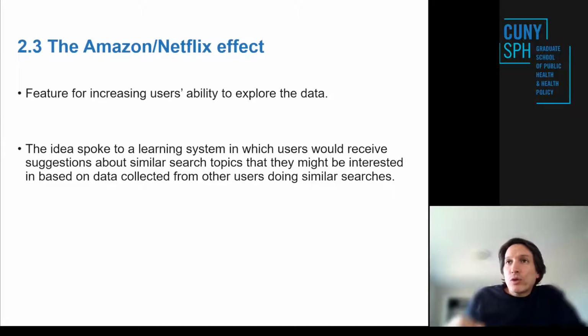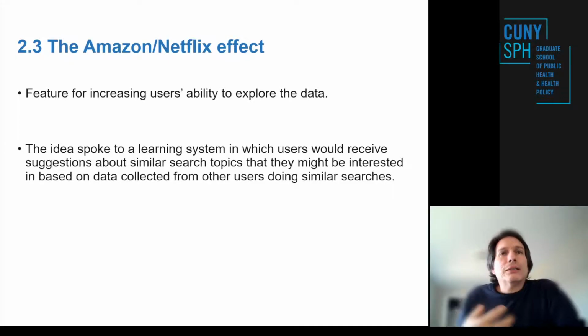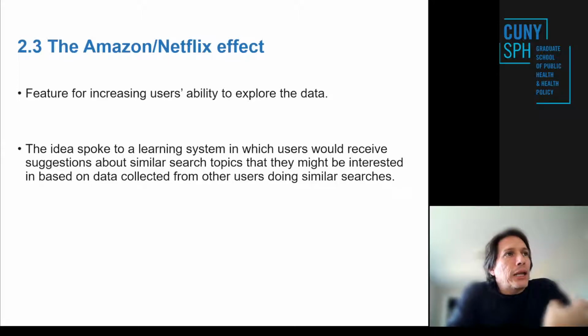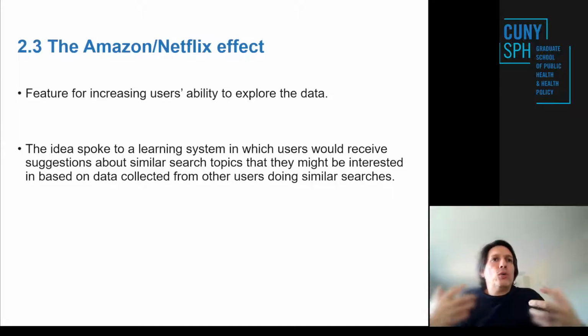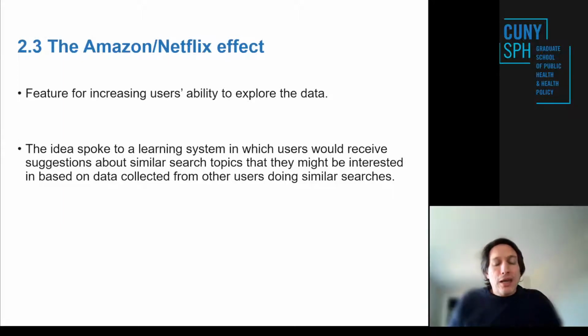And the authors call this the Amazon Netflix effect, and this is something that we are experiencing, and it's sometimes expected now in other domains. This is a feature that increases the ability to explore data. And what is the Amazon Netflix effect? It's when you are searching, you don't actually need to search in Amazon or Netflix, because you are recommended things.